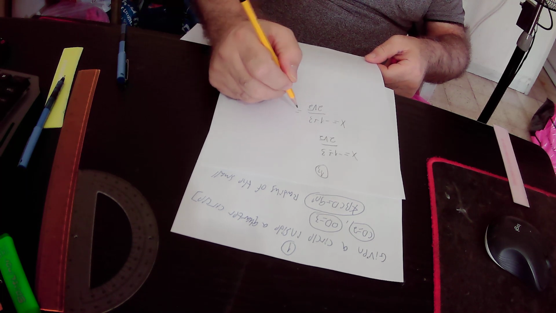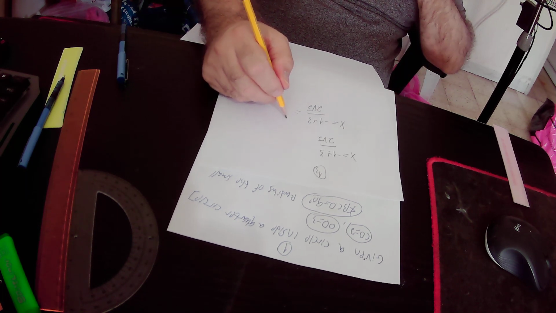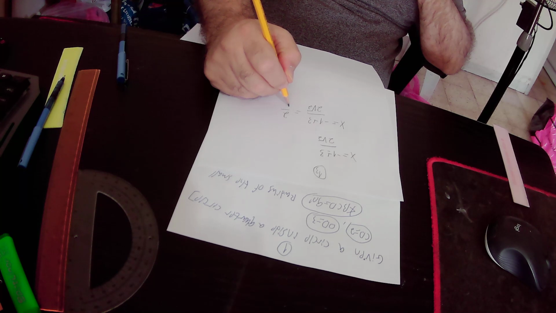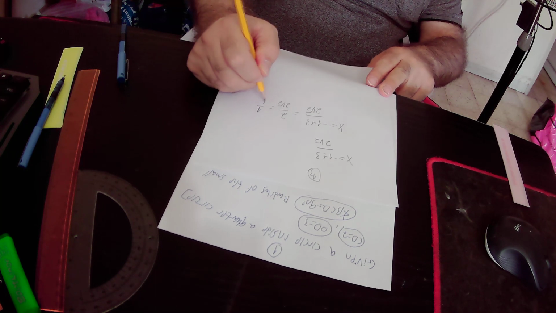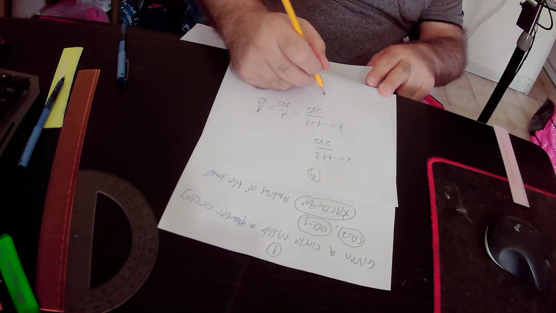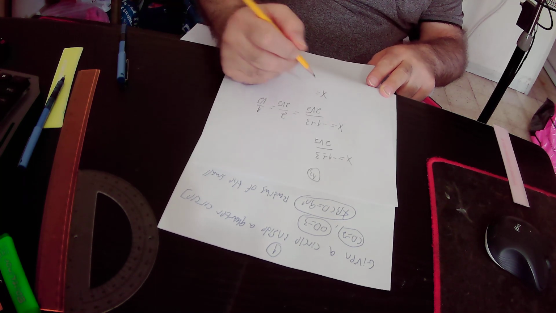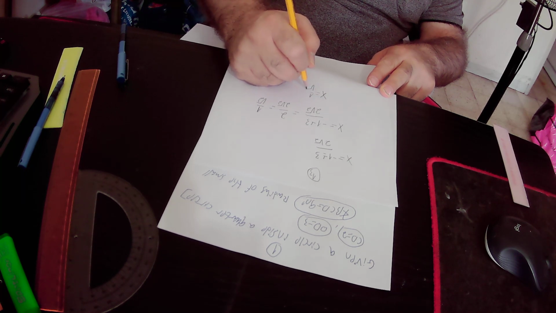Minus 1 plus 3 is 2. 2 over 2 times root 2, so 2 over 2 is 1, so it is 1 over root 2. So we found out that x equals 1 over root 2.